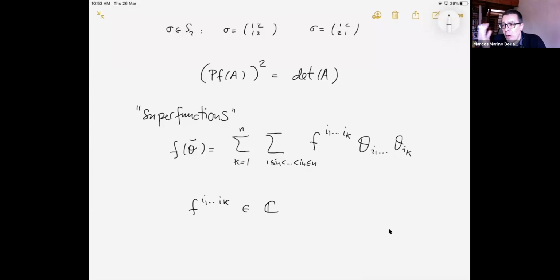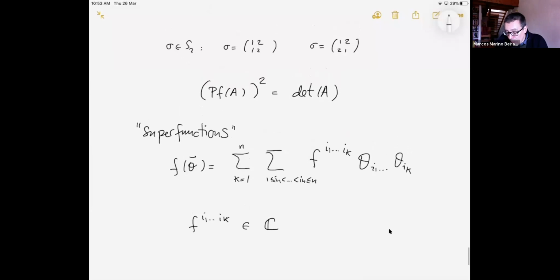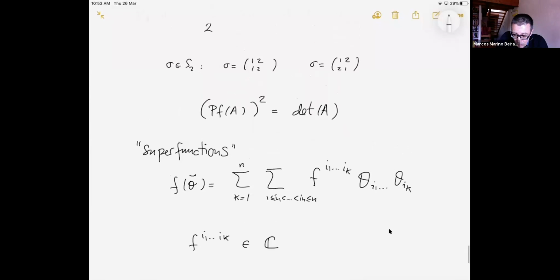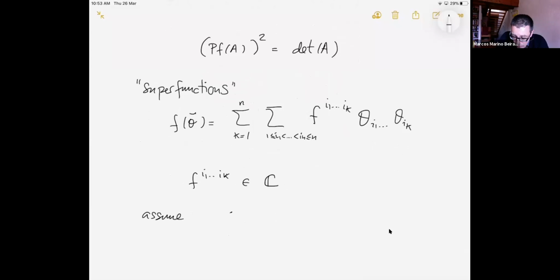But you don't have to have a lot of imagination to think that it's very easy to generalize this if, on top of the theta variables, you have commuting variables. So let's now assume that we have commuting variables, x1 to xp.